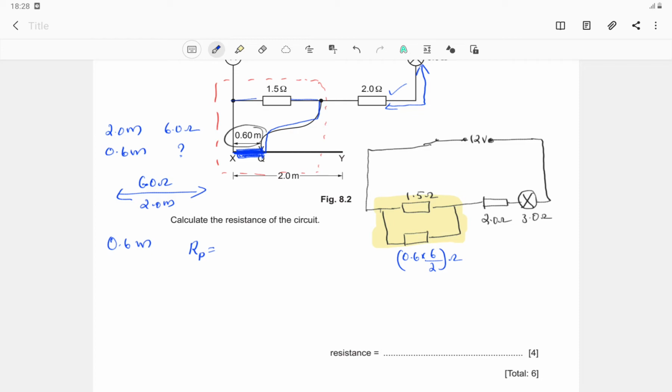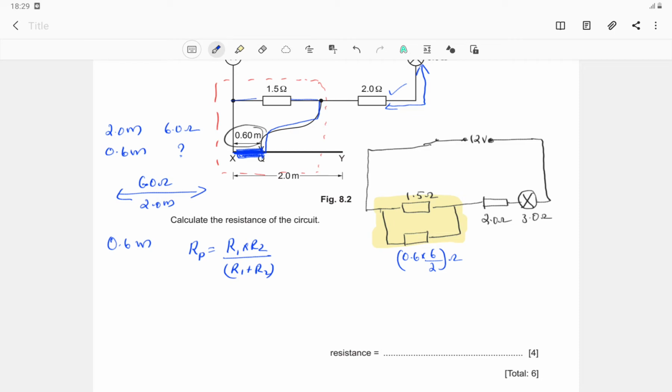If there are 2 resistors, you can write R1 times R2 over R1 plus R2.